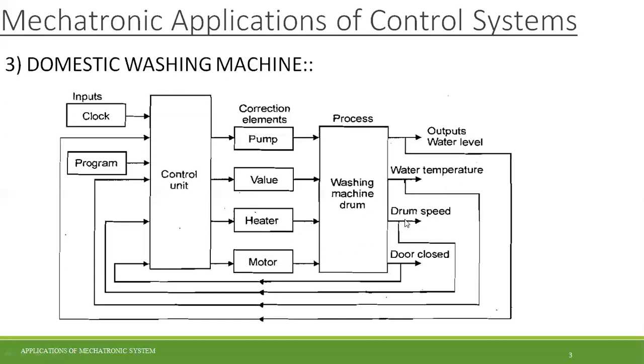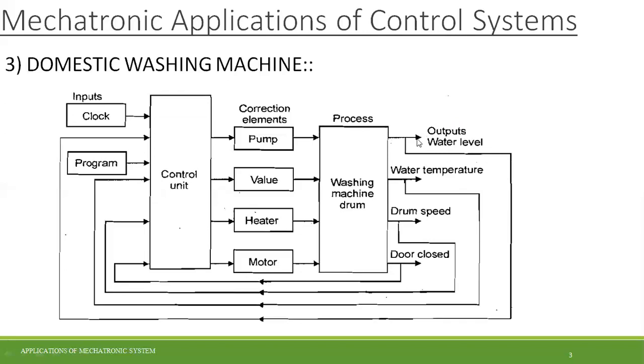Simultaneously, the drum speed. When the motor is switched on, the rotation is clockwise or counterclockwise, depending upon the electrical power supply utilized. Hence, the speed sensor, RPM sensor, will measure and next give the feedback signal to the controller. Just now, the previous two applications are existing here. What are those two applications? Here, first, the output specifies the water level.